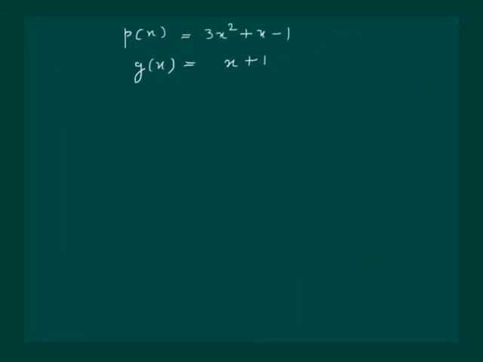So we have seen that when we divide p(x) by g(x), we get quotient equal to 3x minus 2 and remainder as 1.